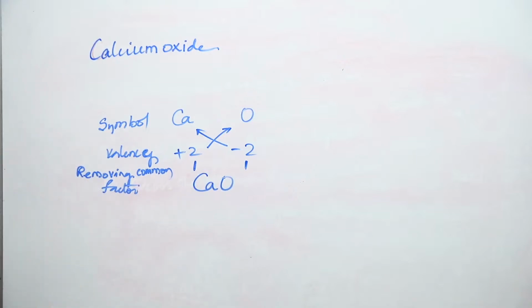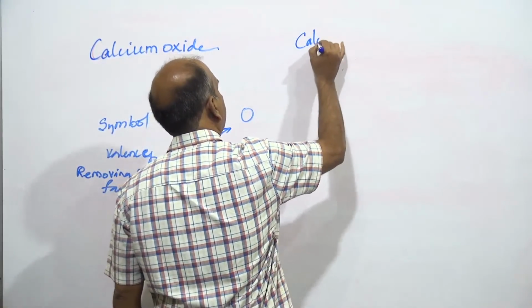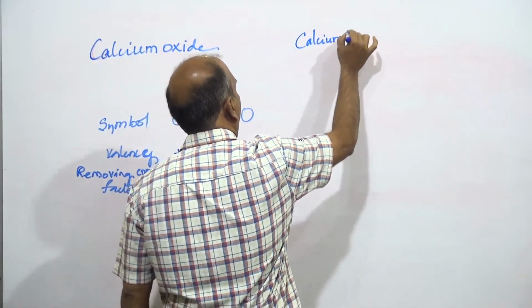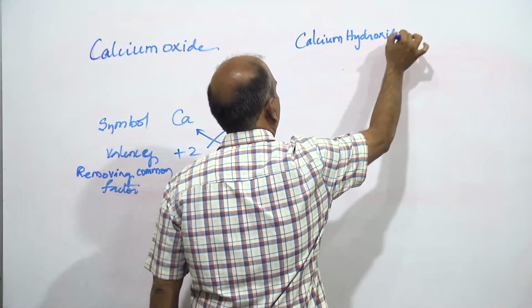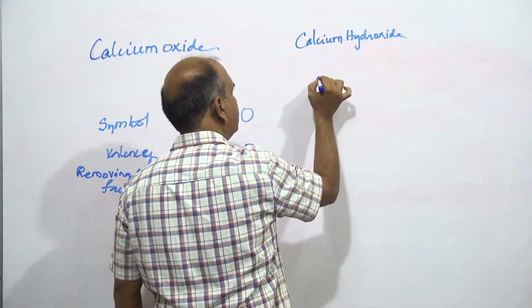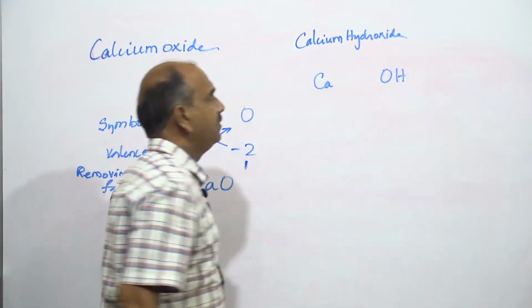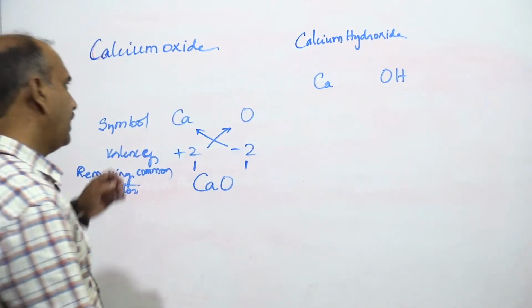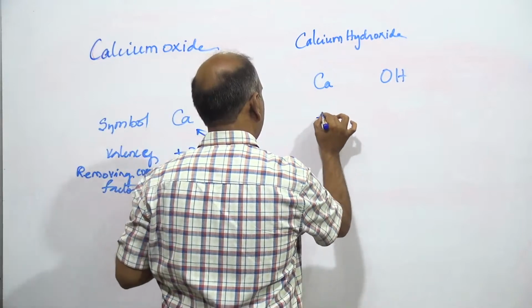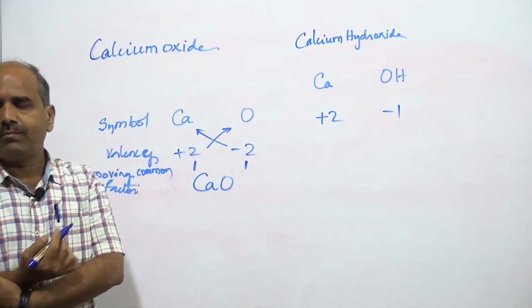Then calcium hydroxide. Calcium symbol Ca, hydroxide is OH. So valencies, if you write, this is +2, this is -1.